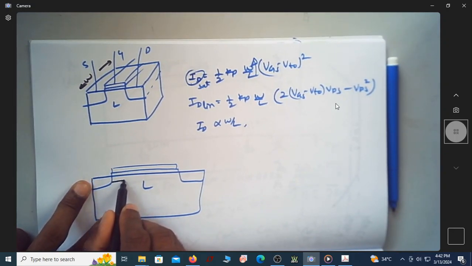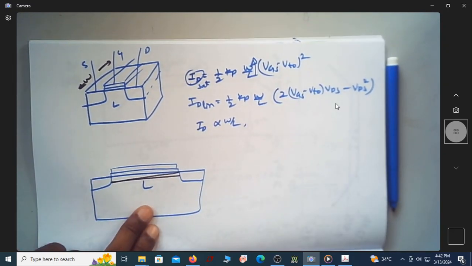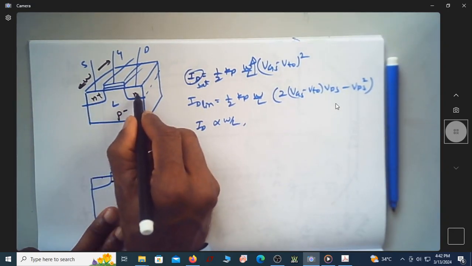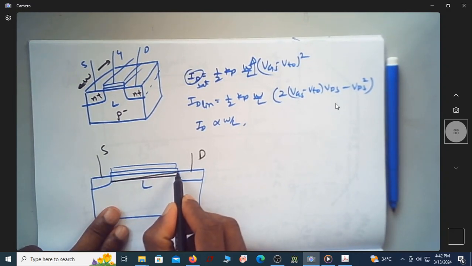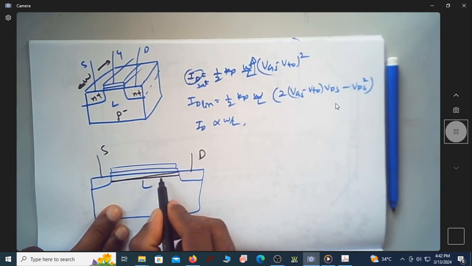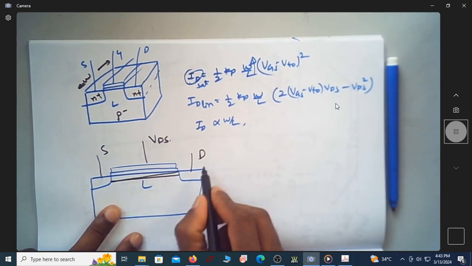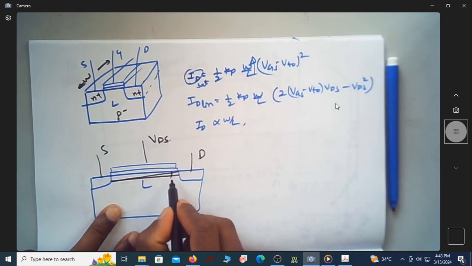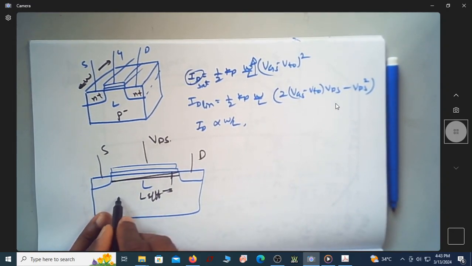This is an ideal channel, whereas a typical channel at the drain end, if it is P minus with N plus source and drain, will get pinched. If you further increase the value of VDS, the channel shrinks here and is going to pinch off. So this is my L effective.